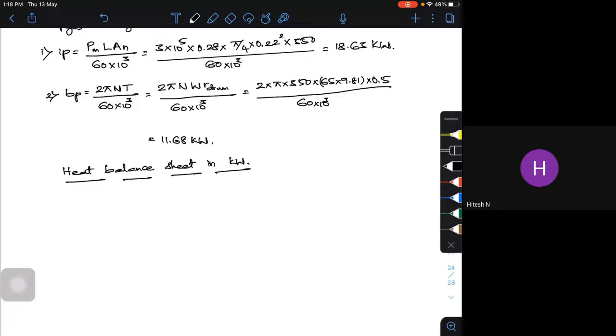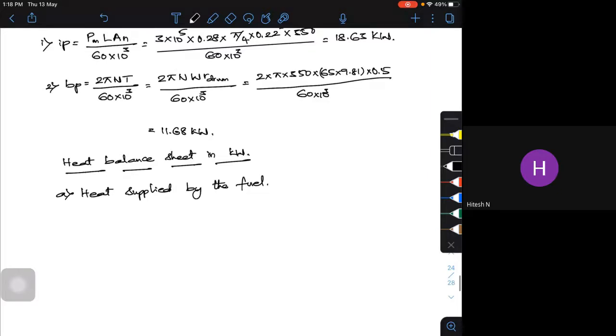The first quantity in the heat balance sheet is the energy supplied, or heat supplied by the fuel. This, QH, is given by mass of fuel into calorific value of the fuel.